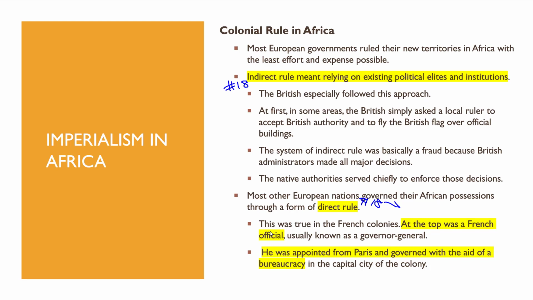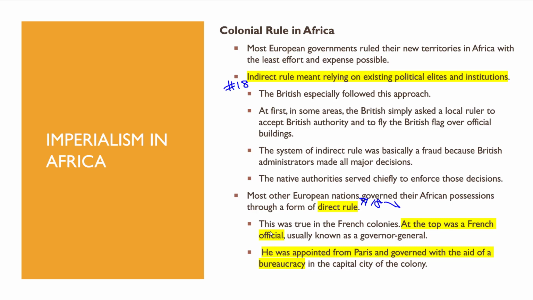All right, so this is 18. Indirect rule means that the existing rule that was in those areas in Africa, they're relying on those existing rules.